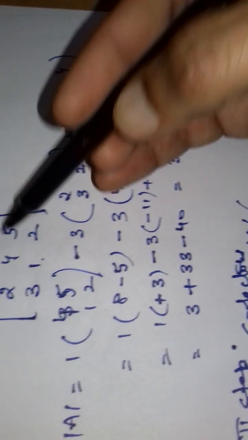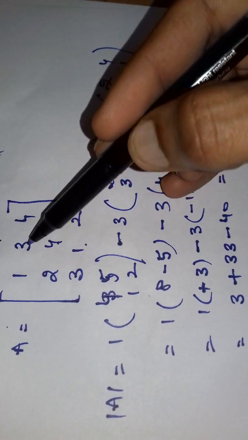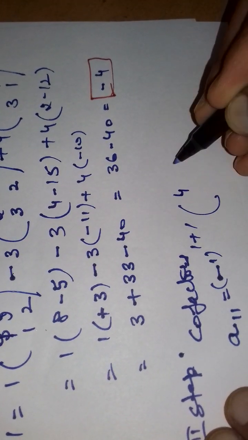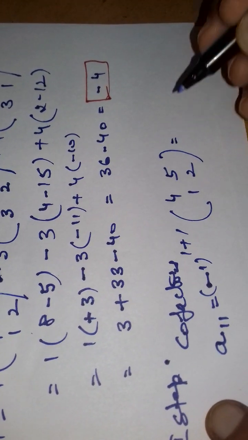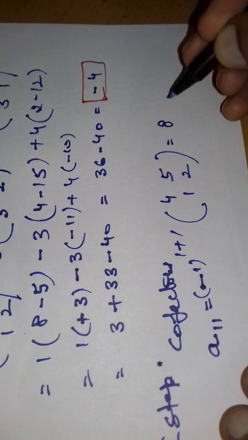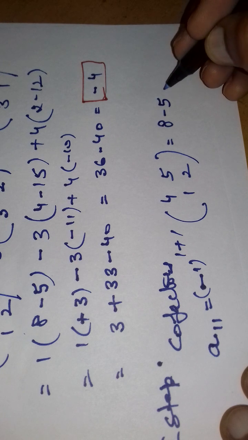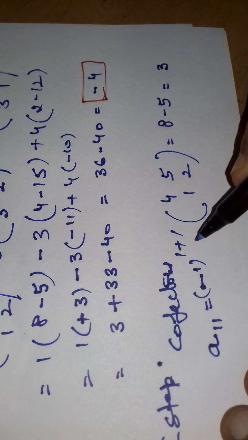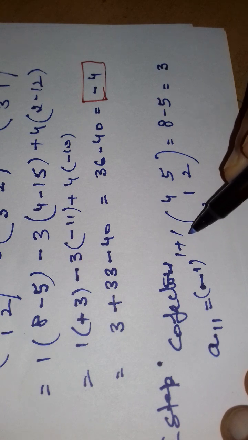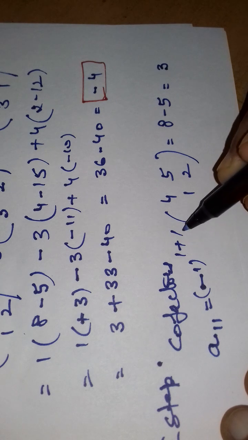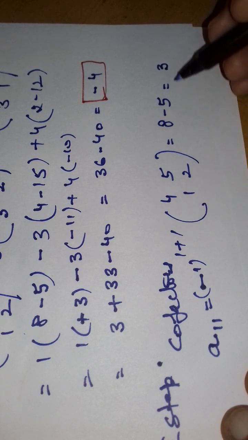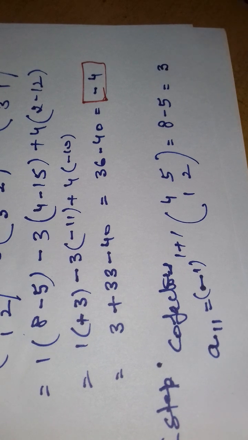Take its submatrix, that is 4, 5, 1, 2, and let's solve it by cross multiplication. One important thing to understand: 1 1 is plus, 2 means plus, so plus is plus. So A11 is plus 3.